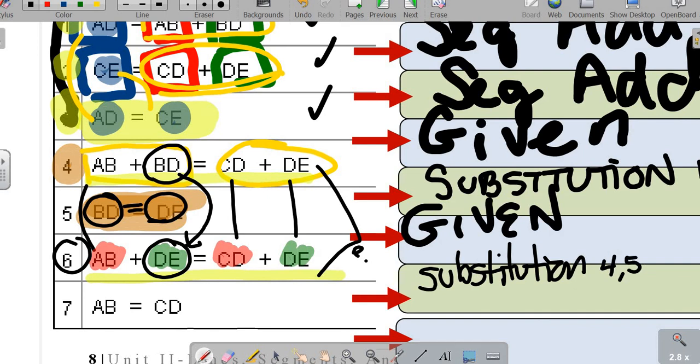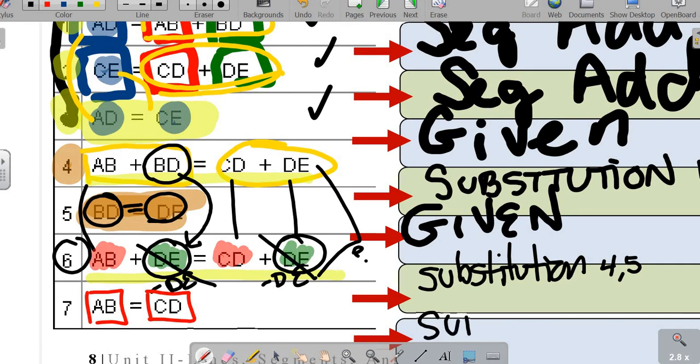Now look very carefully. Do you notice you now have the exact same thing on either side? That means you can subtract the same segment from either side. Notice what we did. We subtracted the same thing from both sides.